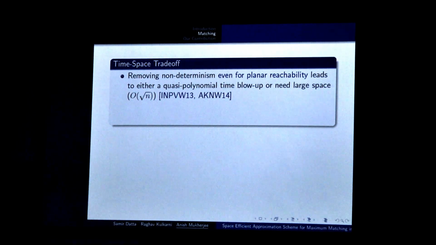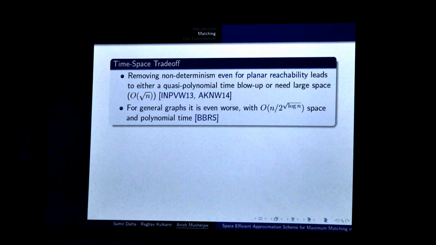The idea is whether we can maintain polynomial time, and how much space do you need. For planar reachability, a very recent work shows that we need order root n space. We don't know anything better than that. It's a huge space, which we have to use if we want to be in polynomial time. And this gets even much worse if we are talking about general graphs. It's almost linear.